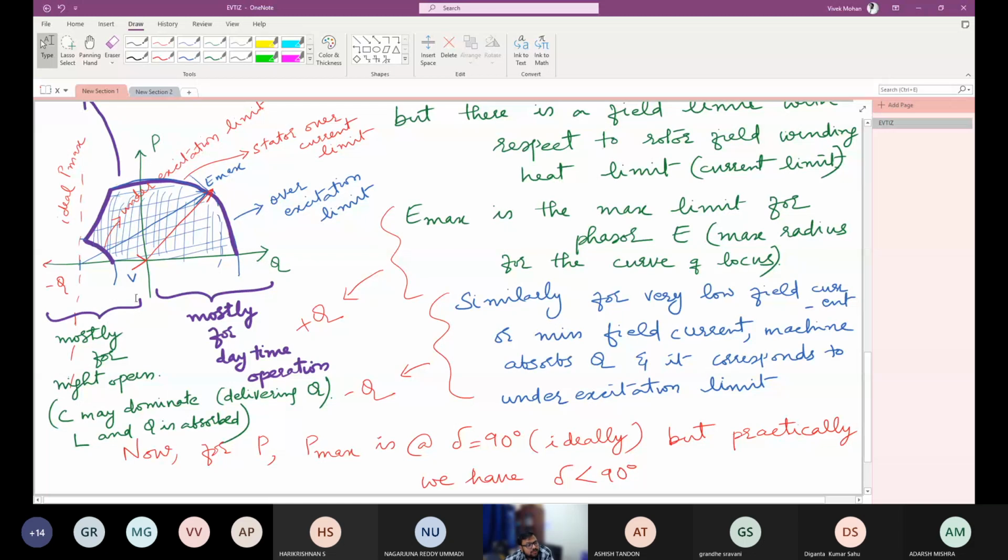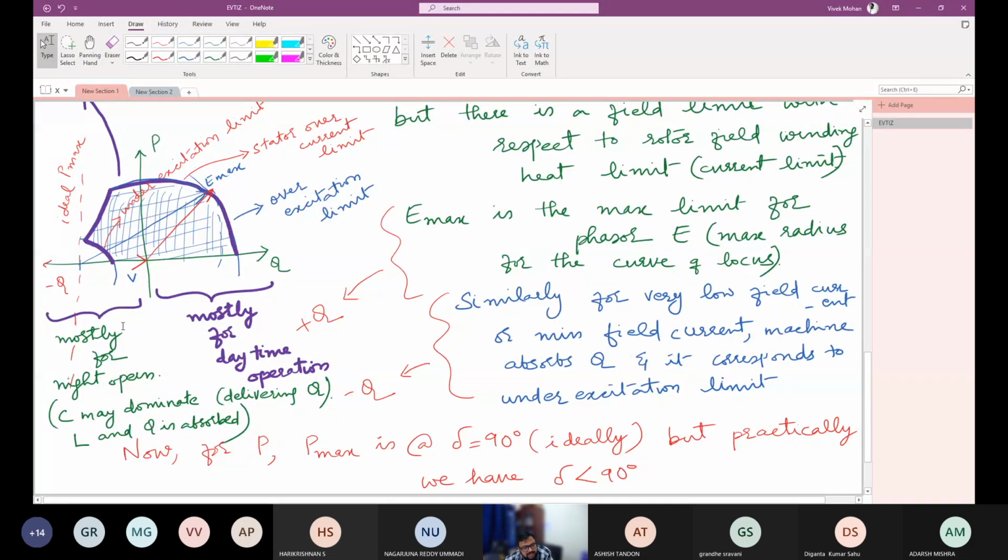Now here it is written that the negative side of the Q axis, or the negative horizontal axis, corresponds to mostly night operation, and the positive side of the Q axis corresponds to mostly daytime operation. This may not be always true, but based on the standard load curve of the power system, we know that industrial loads are there, and L may dominate C at daytime, and C may dominate L during night time.